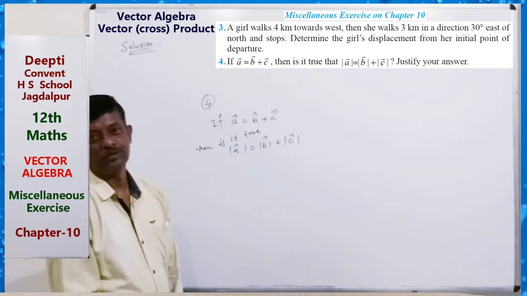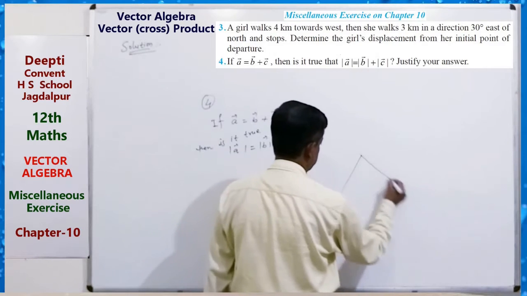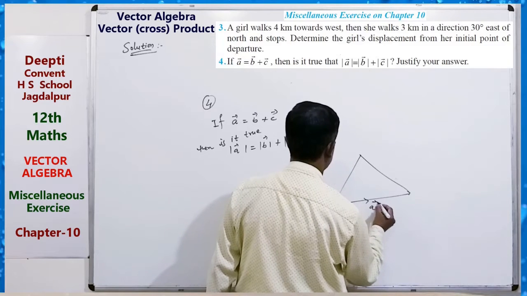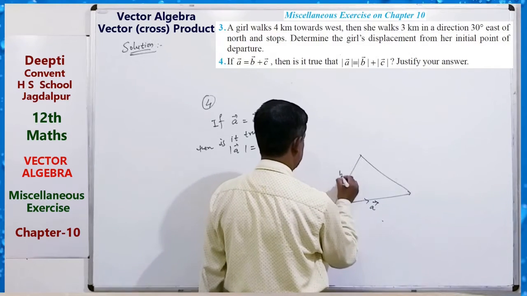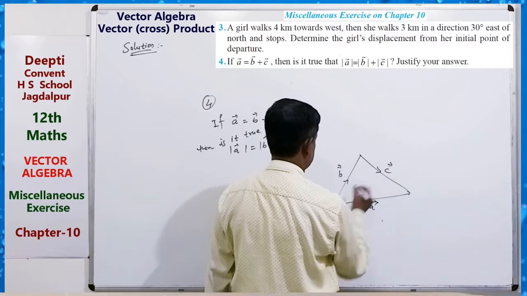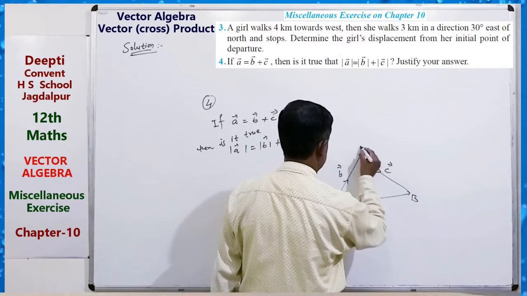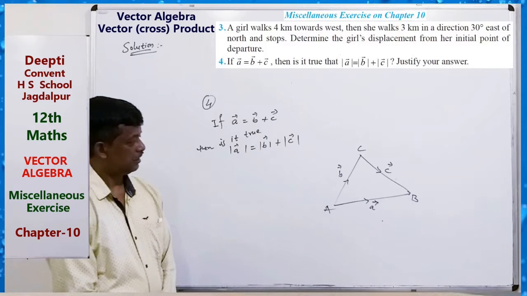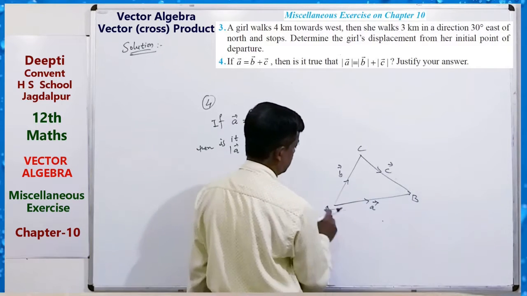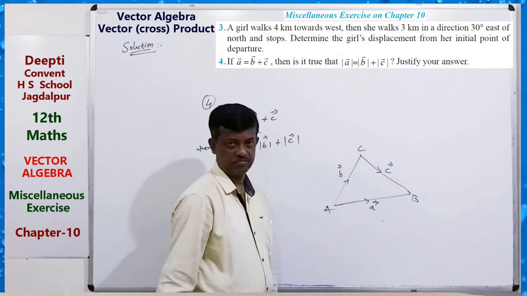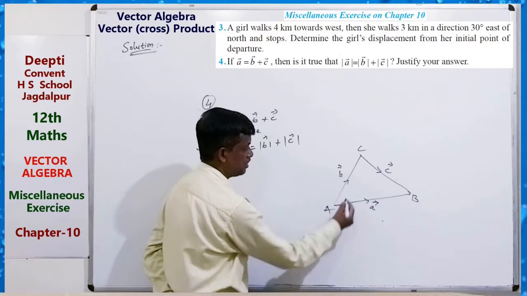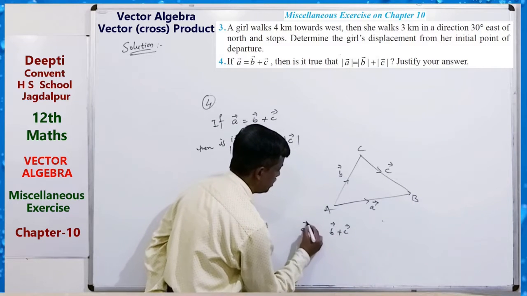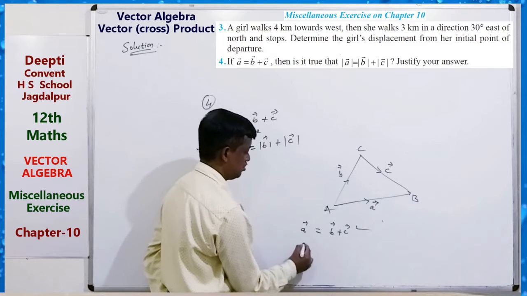No. We can see that suppose there are 3 vectors A, this is B, and this is C. Suppose we have a triangle ABC. Clear? Then if this is A, this is B and this is C, then by the addition law A equals B plus C.